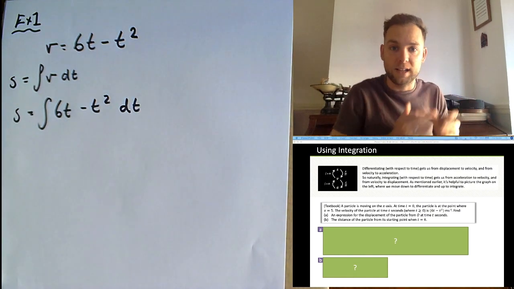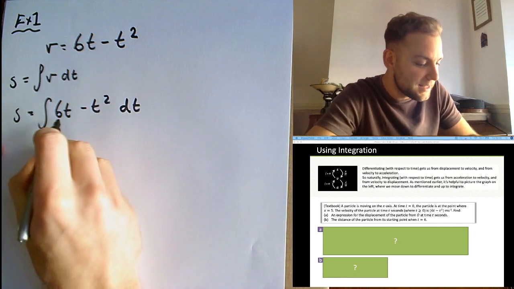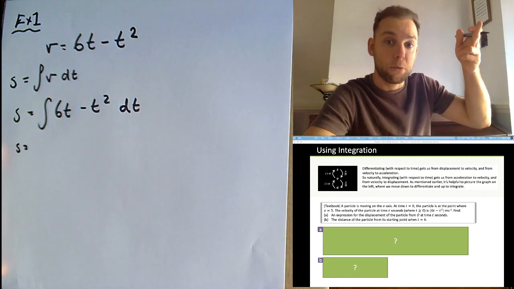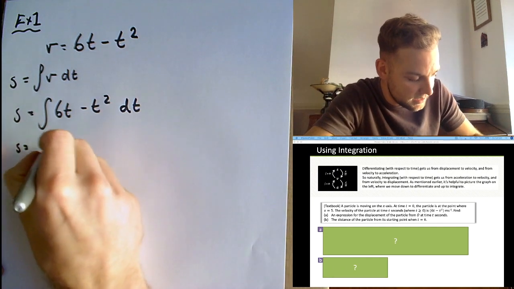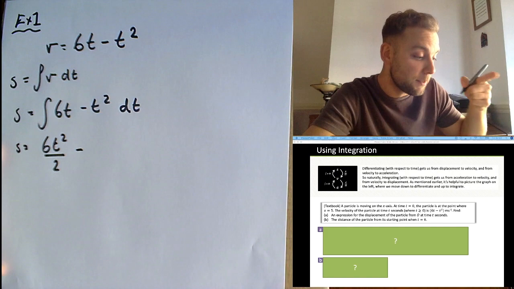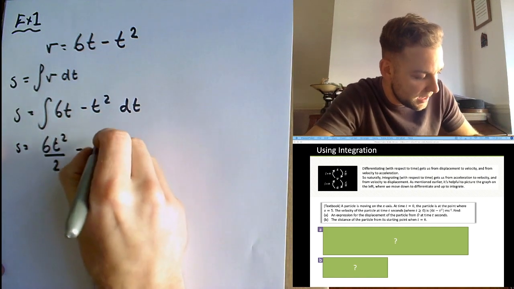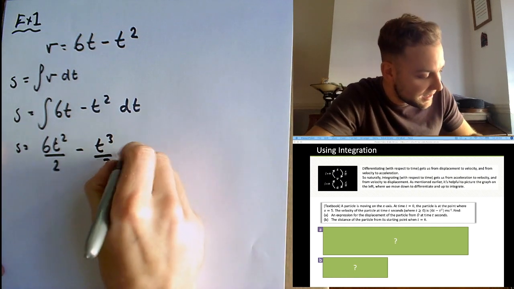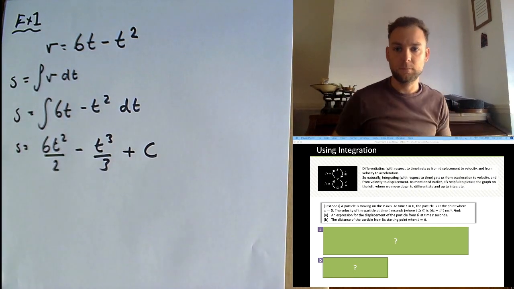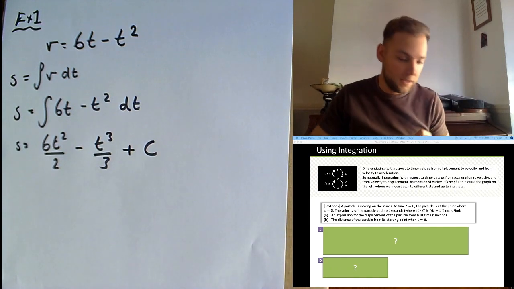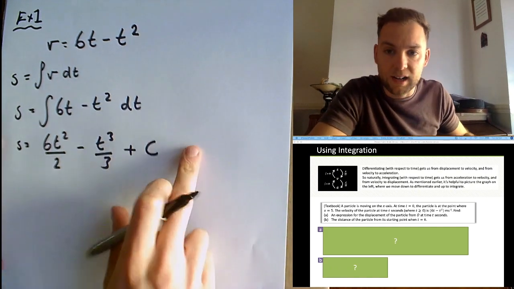So I'm integrating this. If I integrate 6t, you raise the power and divide by that power, so it's going to be 6t squared divided by 2. This one here, raise the power, divide by it, so it's going to be t cubed divided by 3, not forgetting to add c. This is the part you don't want to forget. So this isn't our final answer.